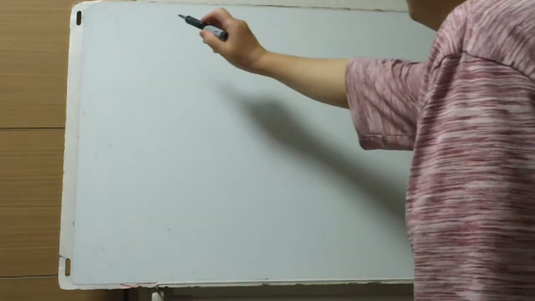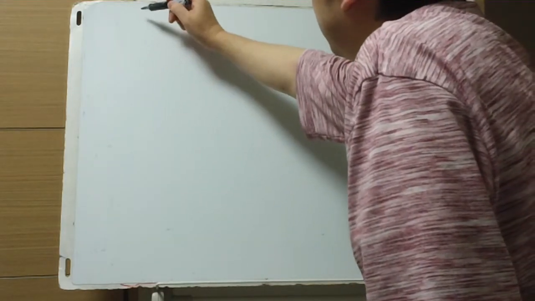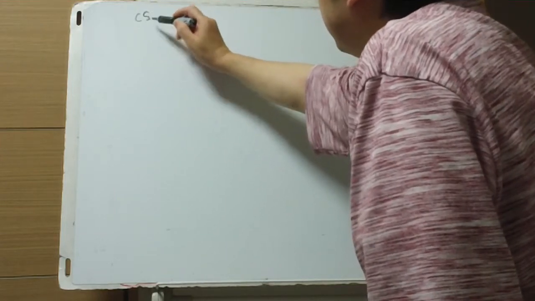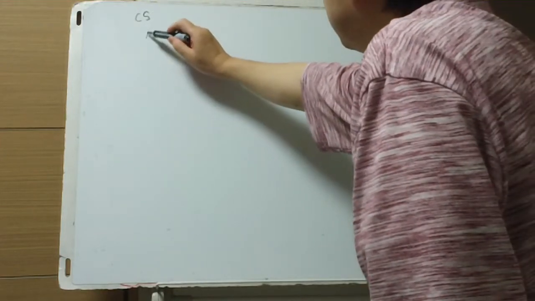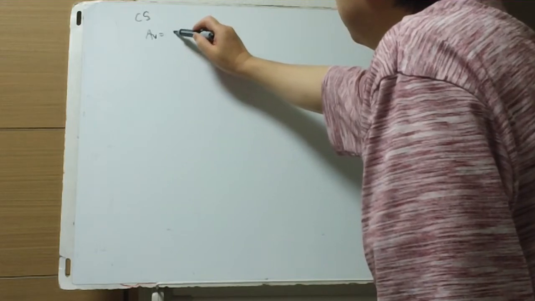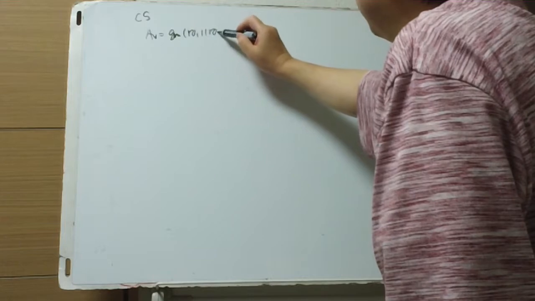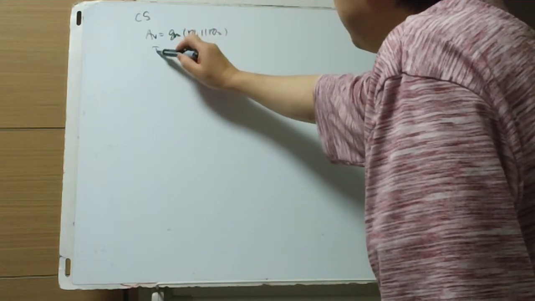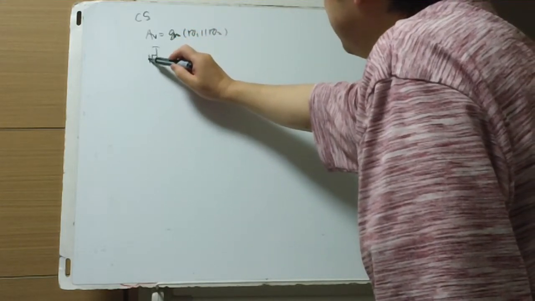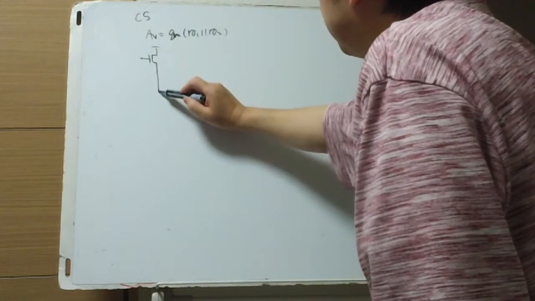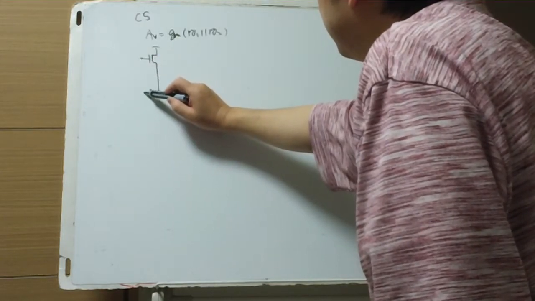And at the first CS stage, there's a voltage gain of gm times R01 in parallel with R02. The CS amplifier is depicted here.